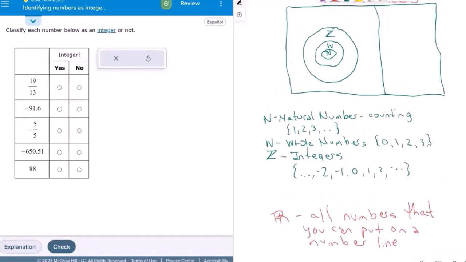These boxes now, what do they mean? They're divided into 2 pieces. This piece is called rational numbers, and I bet you can guess the other is called irrational numbers.